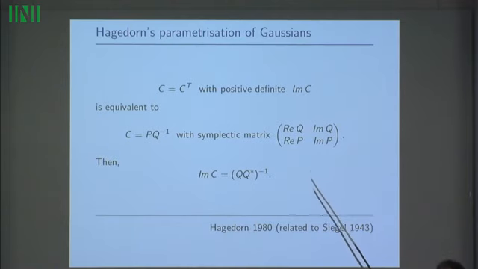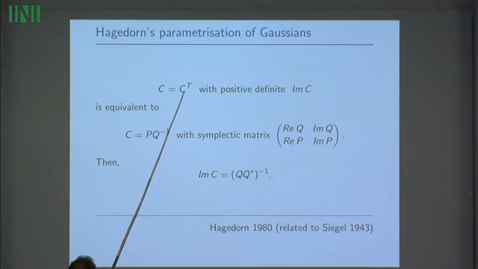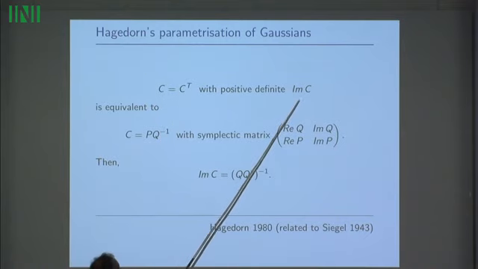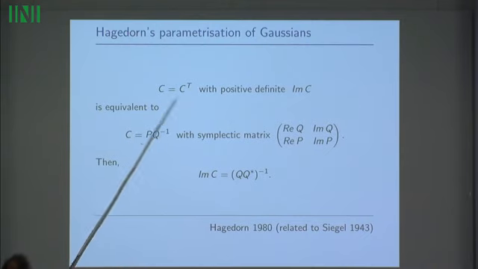Now one can find a different parametrization, and this goes back to Hagedorn, and I find it really amazing. We have this matrix C, which is complex symmetric with positive definite imaginary part. And there's the following characterization of such matrices.